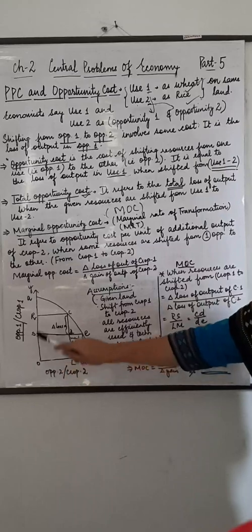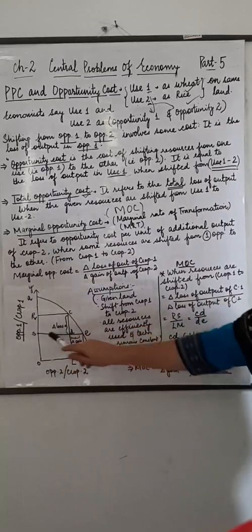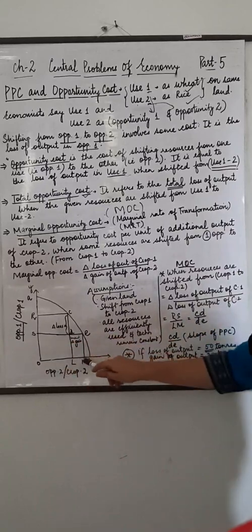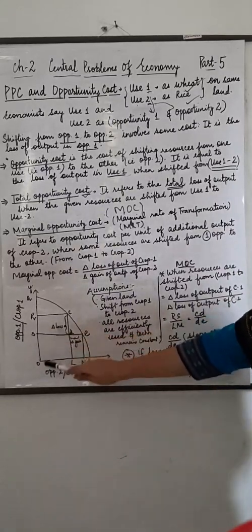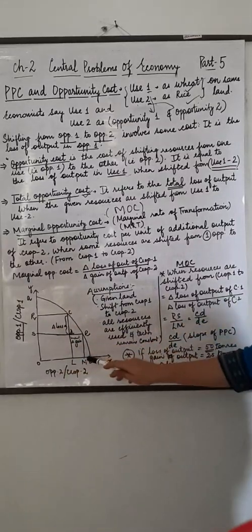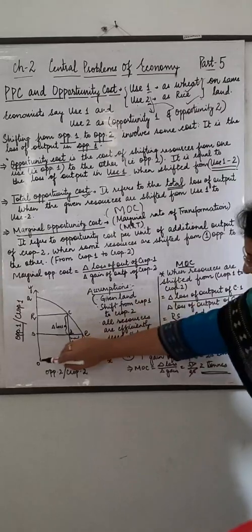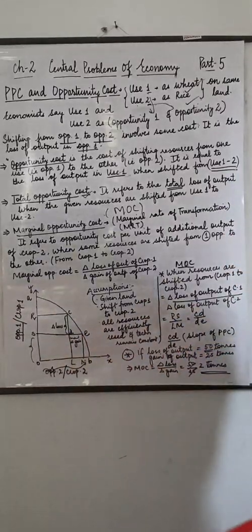When it shifted lesser to OS of crop 1, more of crop 2 is there, that is OM. It clearly shows that when we reduce crop 1, we increase crop 2.